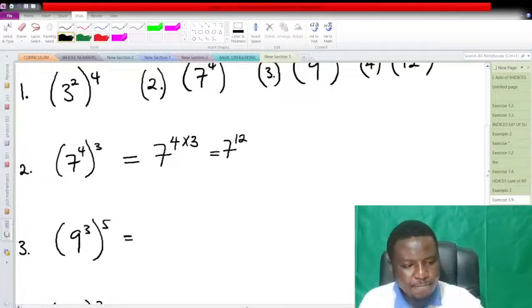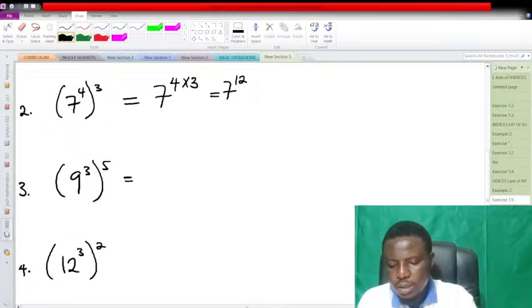Number 3, 9 cubed raised to the power of 5 can be simplified as 9 raised to the power of 3 times 5, which is equal to 9 raised to the power of 15.